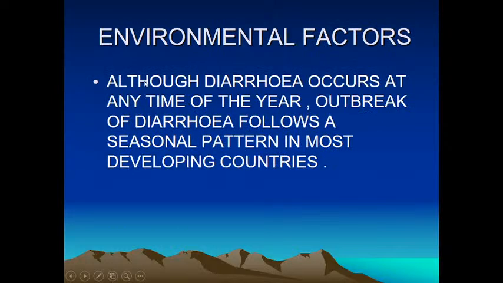diarrhea. Although diarrhea occurs at any time of the year, outbreaks of diarrheal diseases follow a seasonal pattern, and you'll be surprised that it is more in the dry months when there is a decreased amount of water and contamination of water is more, and also during the winters when you have decreased consumption of water by people, or possibly because of clustering of people, that you have more cases of diarrhea occurring.